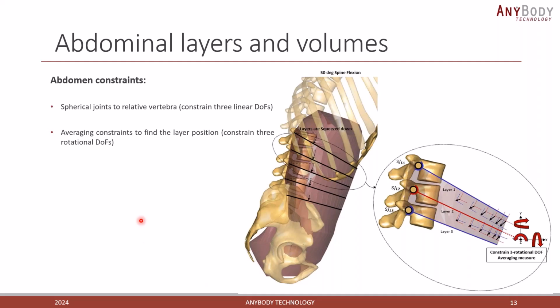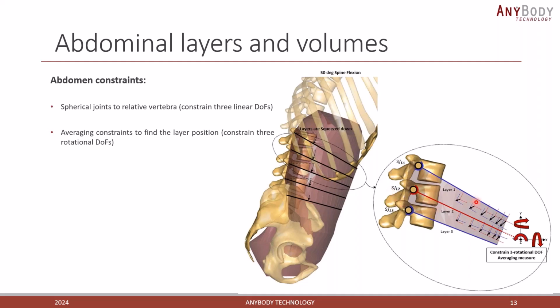So about the abdomen constraints. If you look at this picture, it has 3 layers, and all the layers have spherical joints to the relative vertebra, which constrain 3 linear degrees of freedom. If we want to constrain the rotational degree of freedom of this red layer, we again use the averaging constraint to find the layer position.